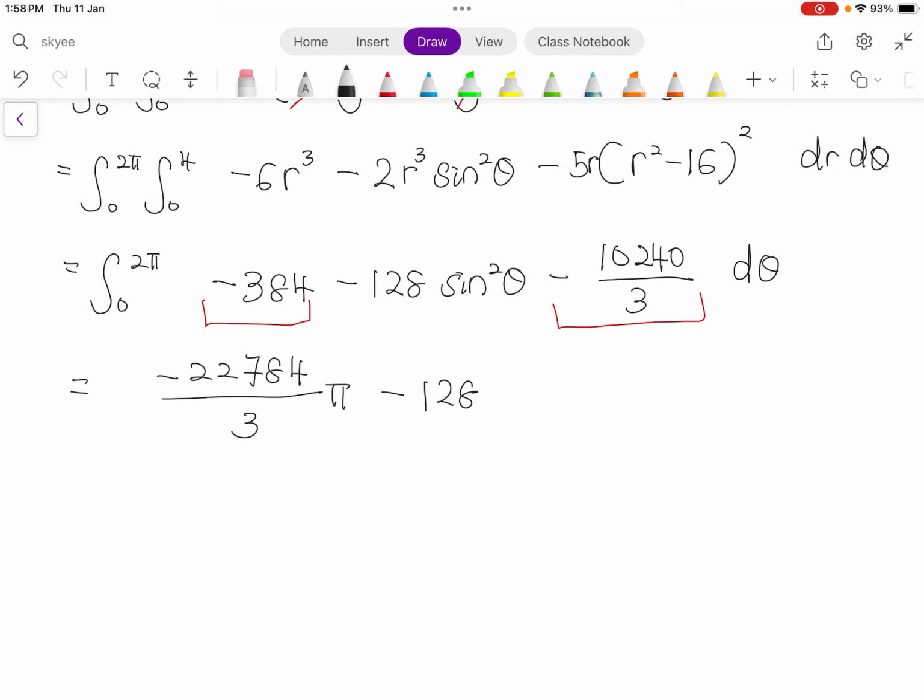This one we press sine x is equal to pi.